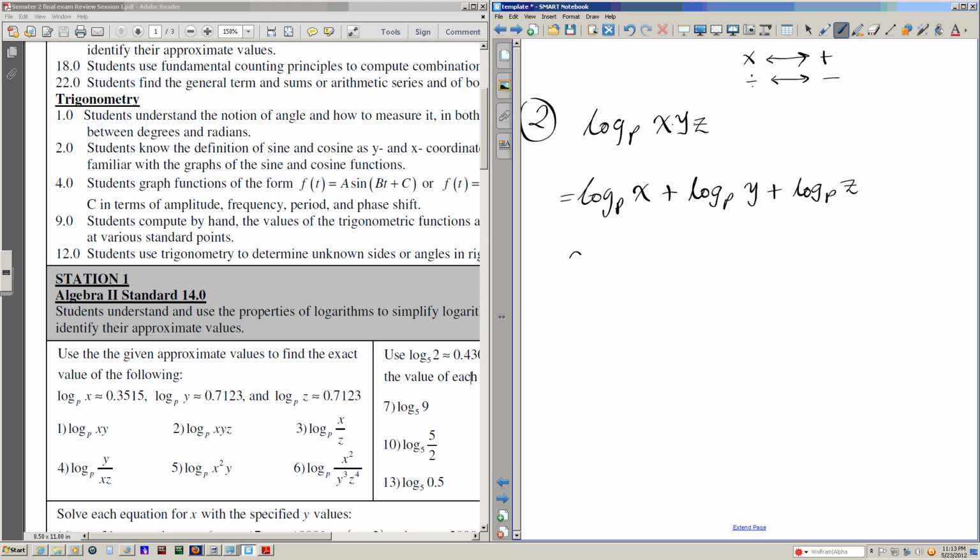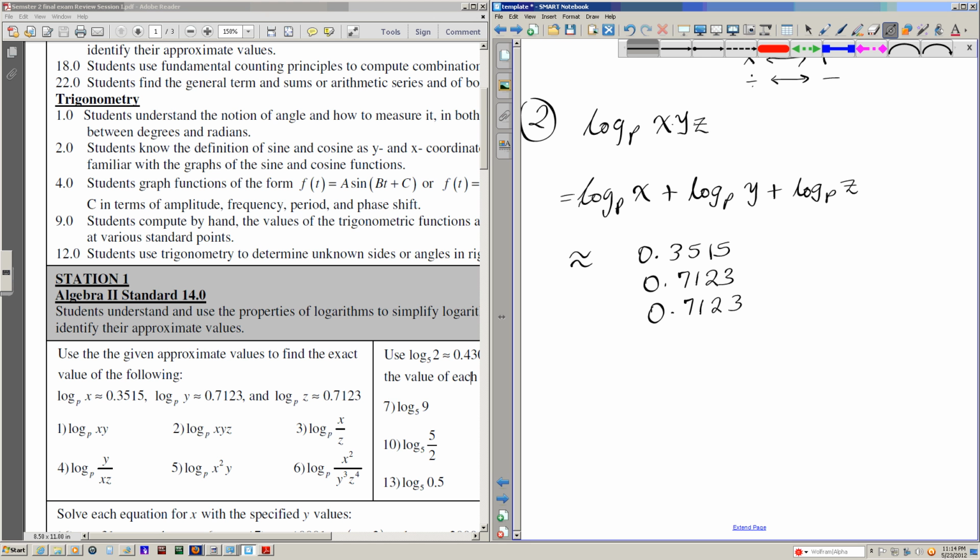Log base p of x is approximately 0.3515, log base p of y is 0.7123, and log base p of z is also 0.7123.